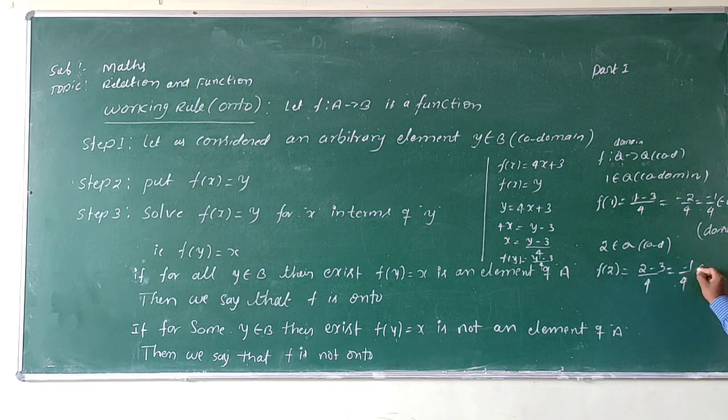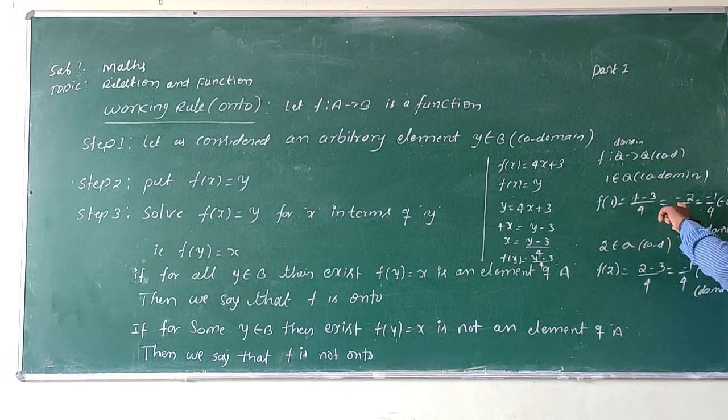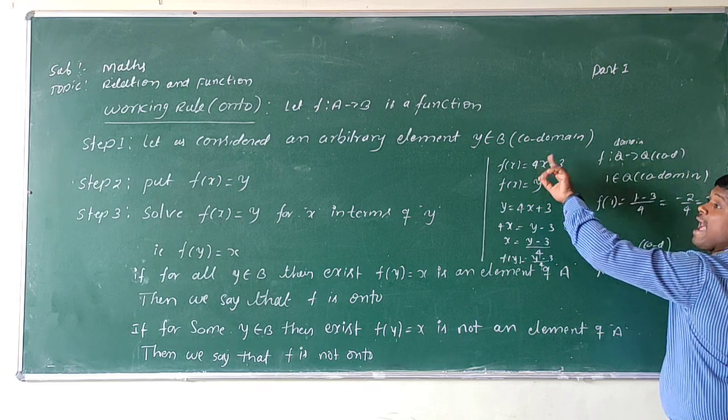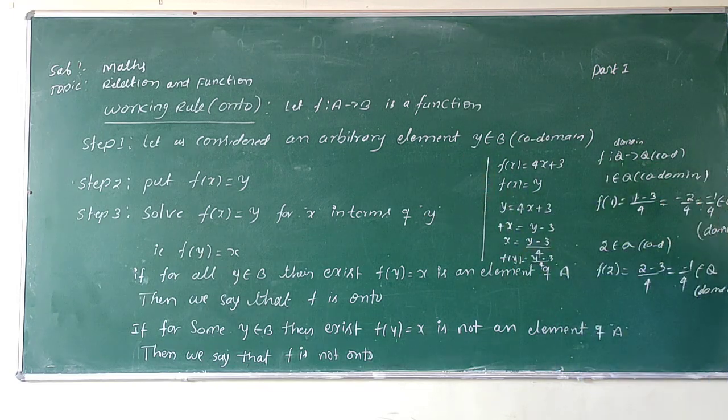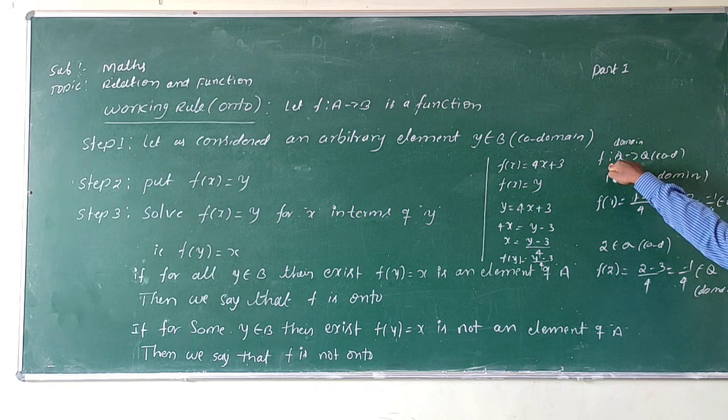Is it clear? This belongs to Q, it is also a rational number, so it belongs to the domain. So every element in the codomain has a pre-image in the domain.